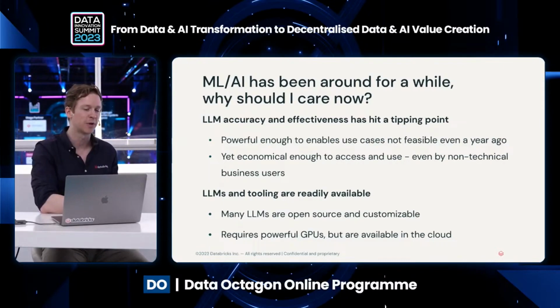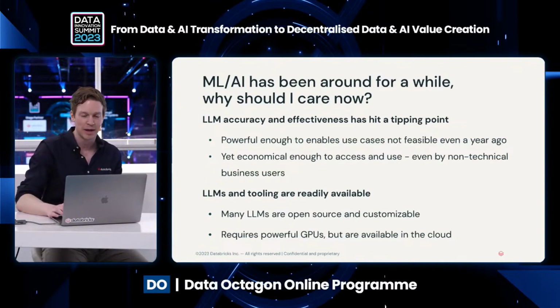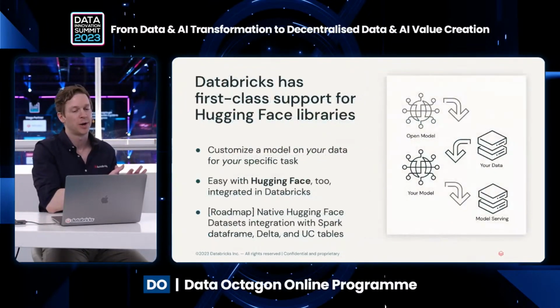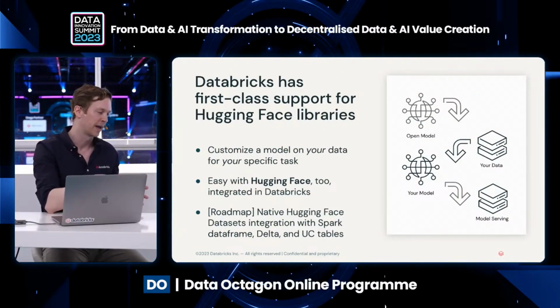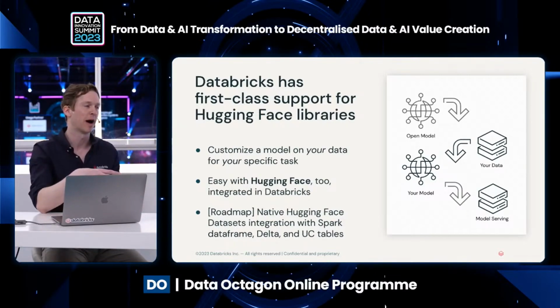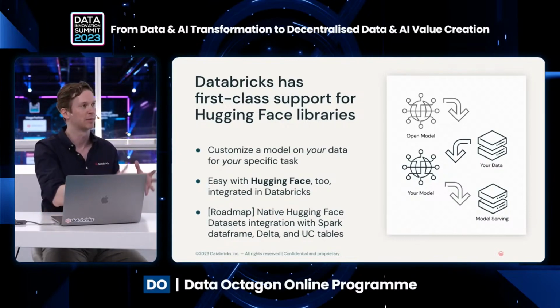And now there are quite a few different types of large language models out there that you can use. For those of you who haven't heard of it, Hugging Face is the hub on the internet where these models that you can use by yourself are being hosted.